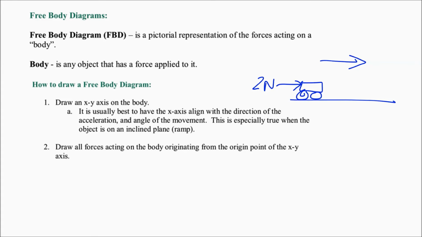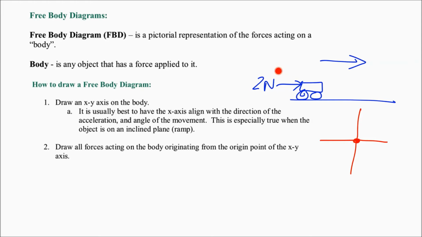So if we were going to draw a free body diagram, we let the free body be a dot, and then you draw an x and y axis with the dot at the origin. Okay, and then you always draw your forces on the free body as vectors, and they need to be heading away from the free body.